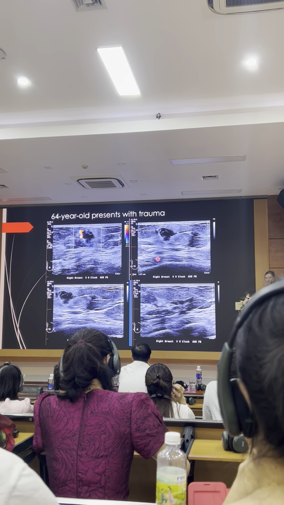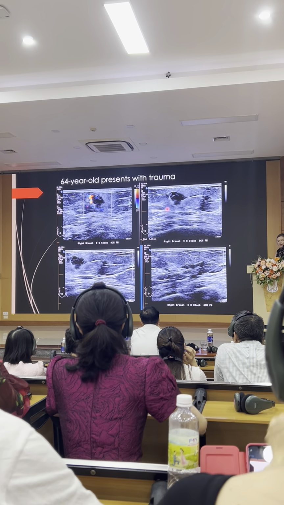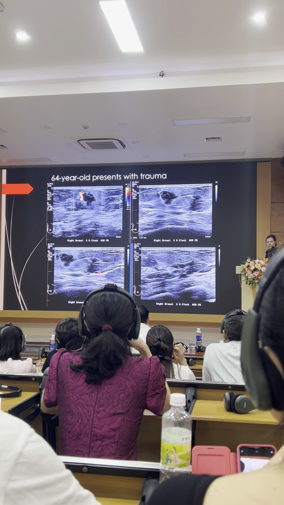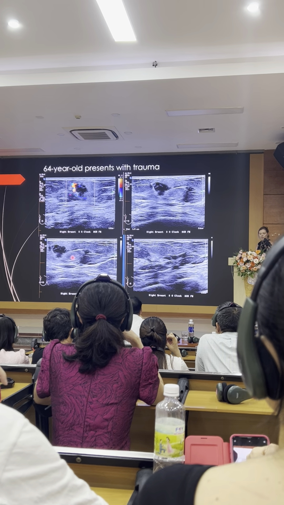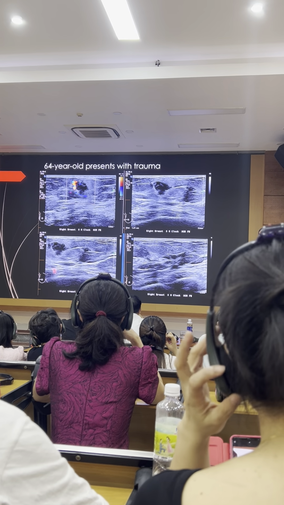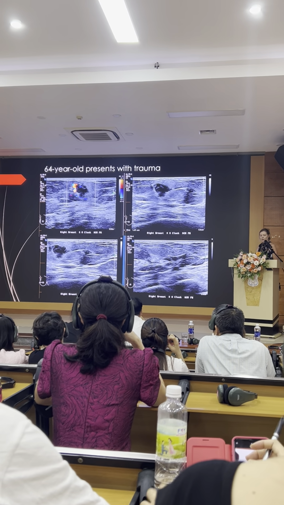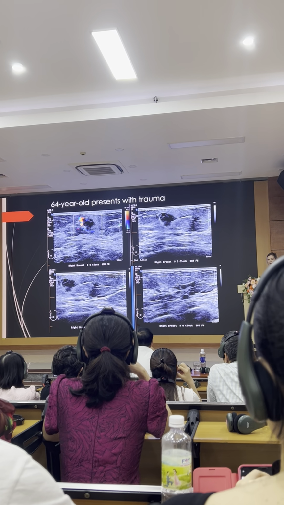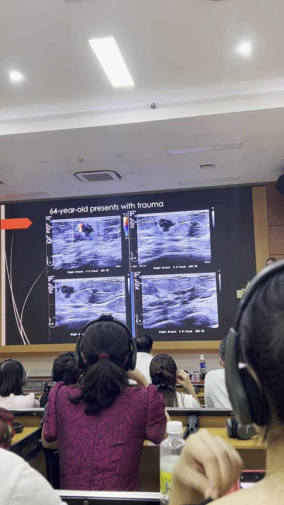But this was actually triple negative breast cancer, and you can see it doesn't have a nice rounded wall, and there was actually a little bit of an area near to it, which was a satellite lesion. But the superficial nature of it and the history that the patient gave could have been quite confusing. So just be aware, sometimes people present with breast cancer and they say they had trauma, but in actuality the trauma has led them to feel the area and notice a lump that was already there.